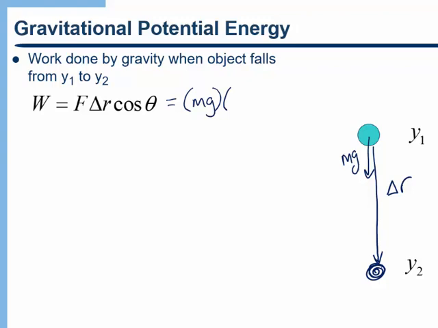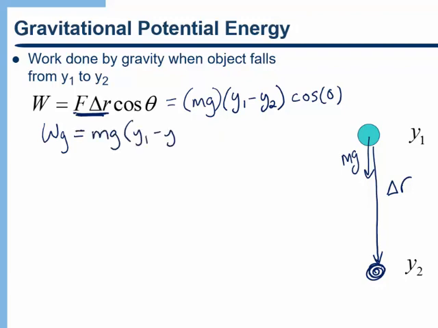And by the way, delta r, I'm going to put in y1 minus y2. You might think, well, why aren't I putting in y2 minus y1? The reason is, remember that these are magnitudes. And so I need the positive value, which would be y1 minus y2. And then mg and delta r are in the same direction, so I'd have the cosine of 0. What I end up with is that the work done by gravity is mg (y1 minus y2).